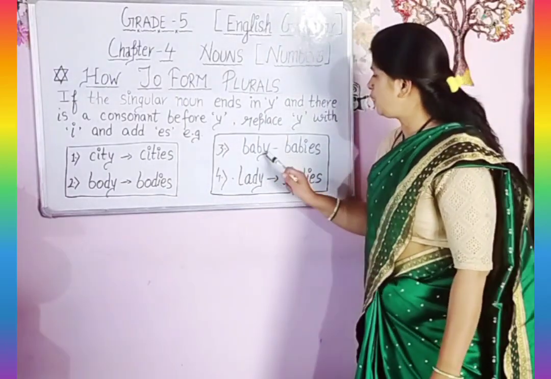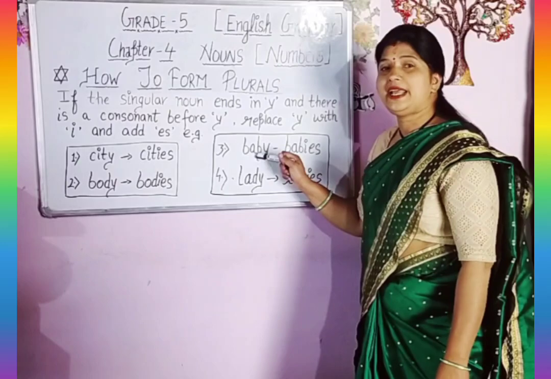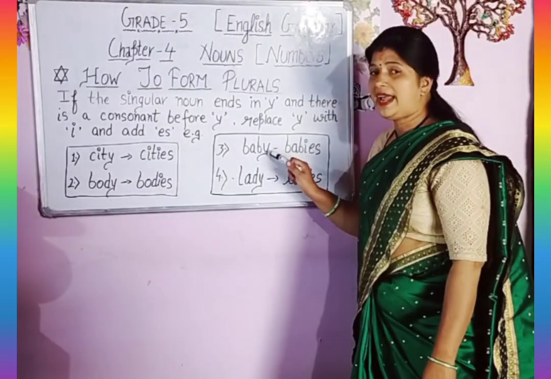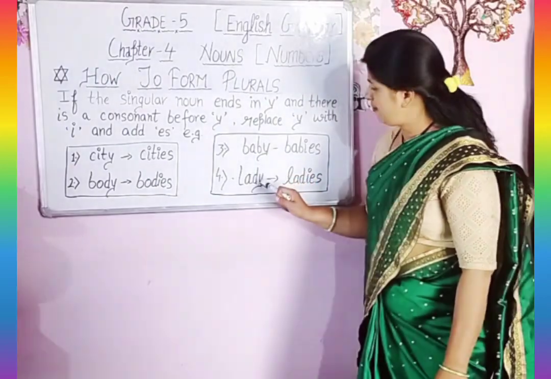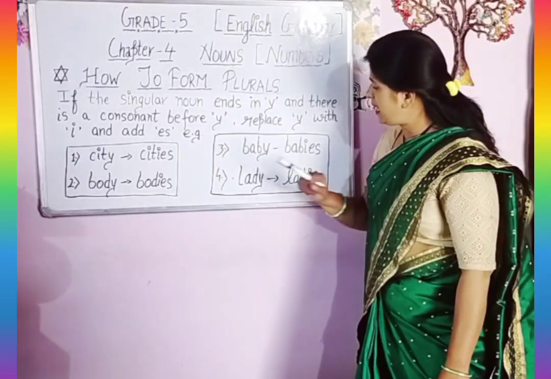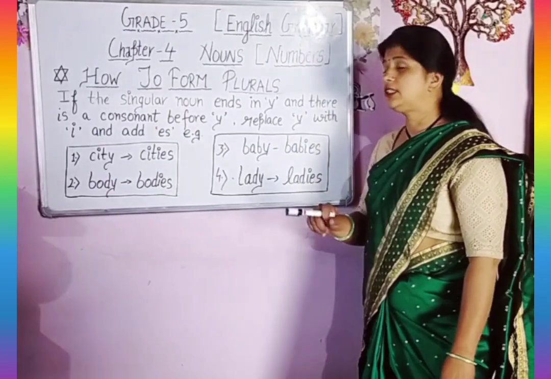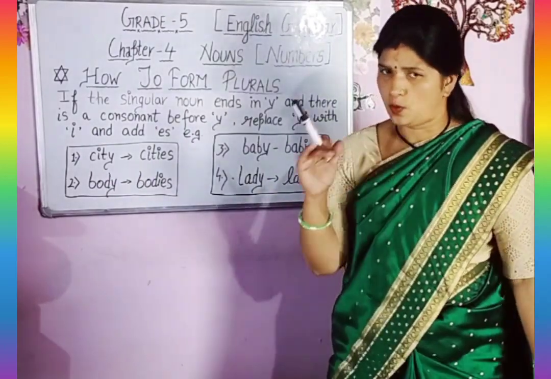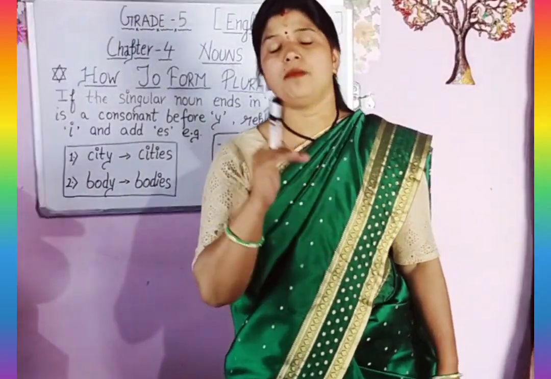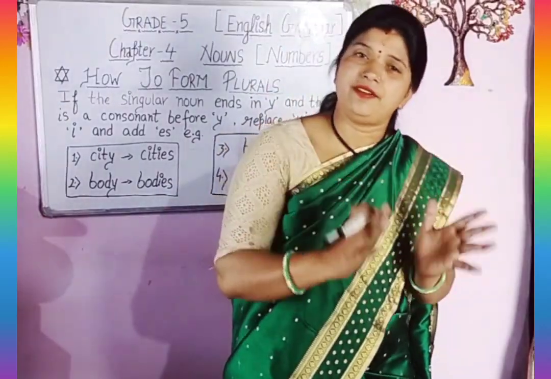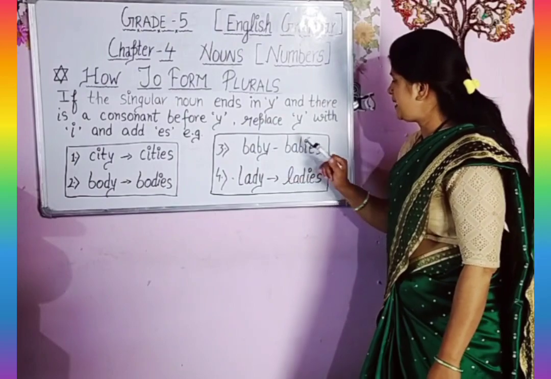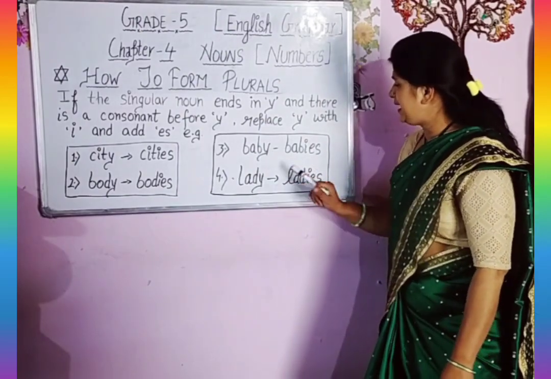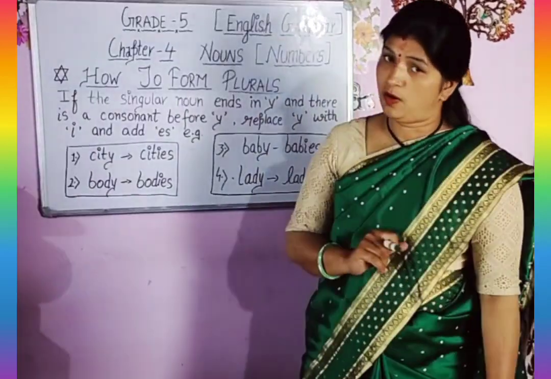In the third one, B is before Y. And here, D is before Y. So in these, we will convert Y into I, इनमें हम Y को I में convert करेंगे and we will add ES. So it will become baby का babies and lady का ladies. So I hope that you have understood and got this point.